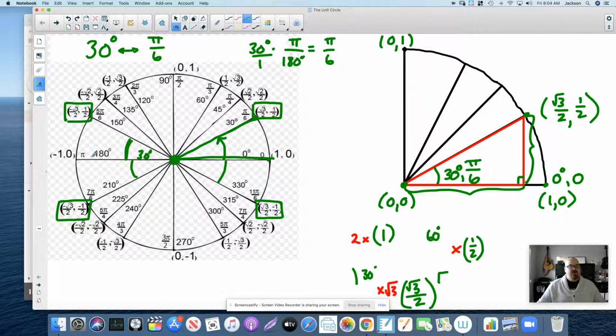So over here, the x coordinates that are on this side of the origin are going to be negative, right? So that's why this is negative radical 3 over 2 and positive 1/2. That's why this is negative radical 3 over 2 and negative 1/2, both negative in quadrant 3. And then in quadrant 4, the x coordinate is positive, but the y coordinate is negative. Okay, so that's where these numbers are coming from.